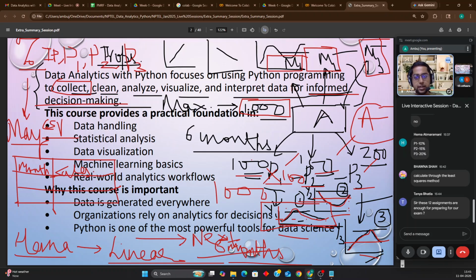Based on the data of 6 months, now I will make a forecast. How will I forecast? I'll fit a linear regression model or multiple linear regression model, MLR.